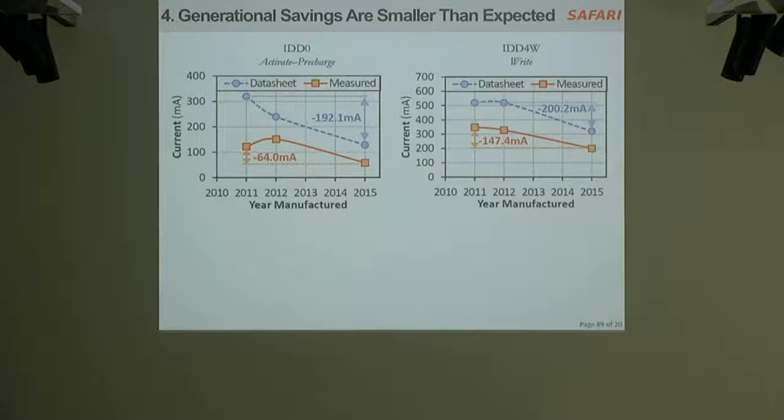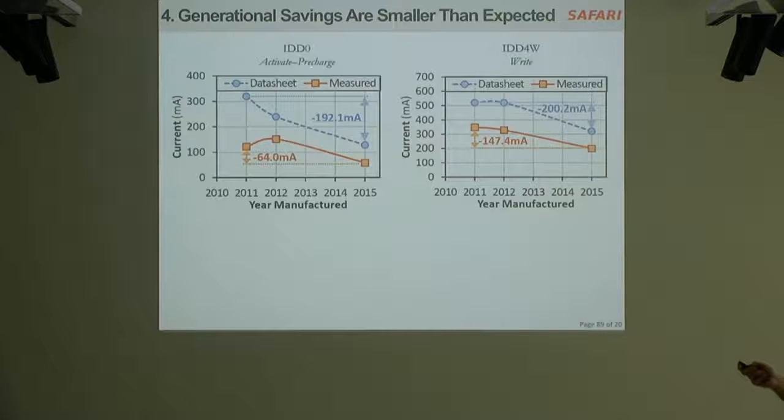Okay, this is interesting. Even though there's a lot of margin in the data sheets in terms of power, the data sheet values show that DRAM power is reducing significantly over manufacturing years, but we don't see as significant of an effect in the measured power, meaning that generational savings are smaller than expected if you look at the data sheets.